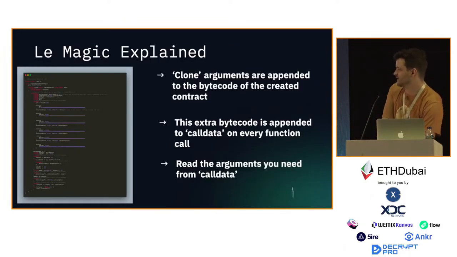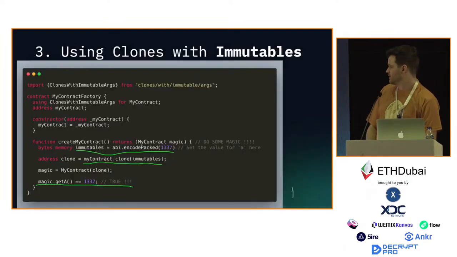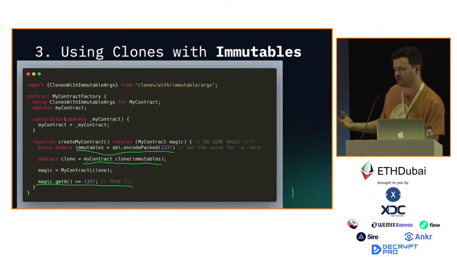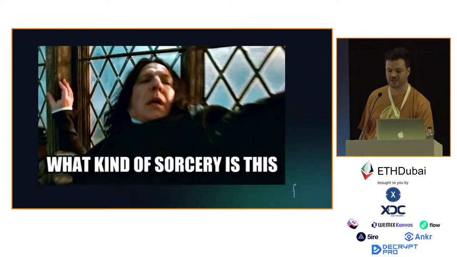So let me explain a little bit of the magic to you. On the left, you see basically the library of clones that was written by Zefram and Wigawag. And the essence of what it does is the first part, the bytes memory immutables, the arguments that we supply, they are actually appended to the bytecode of the proxy contract, or the clone, you are creating.